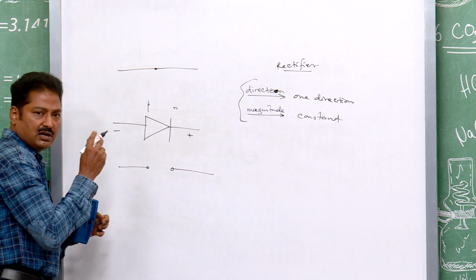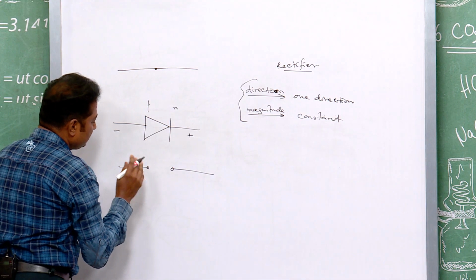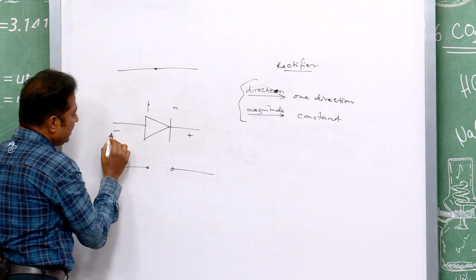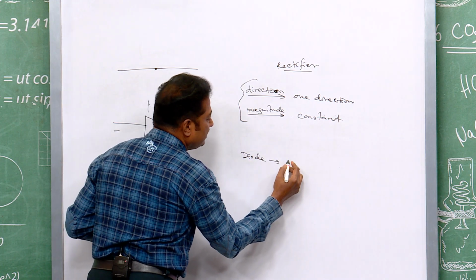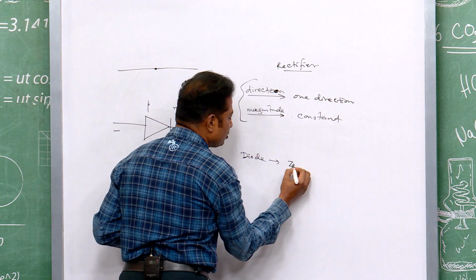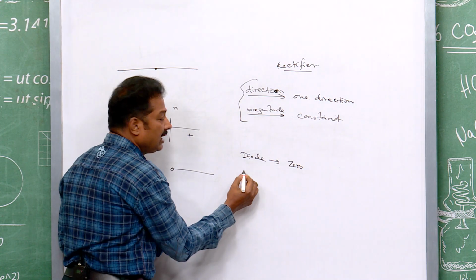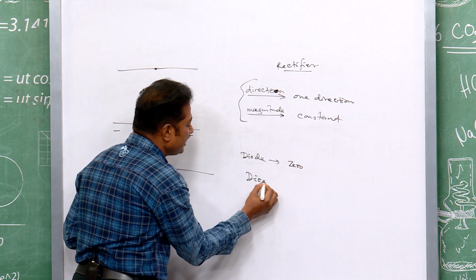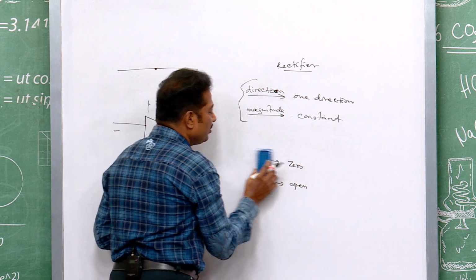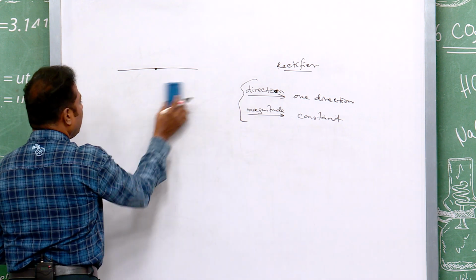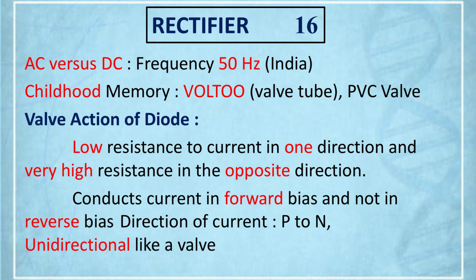It is concluded that when the diode is forward biased, the resistance is 0, it is conducting, and when the diode is reverse biased, it is open, the resistance is very high. So, the resistance is high in reverse bias, and the resistance is low or 0 for an ideal diode when it is forward biased.